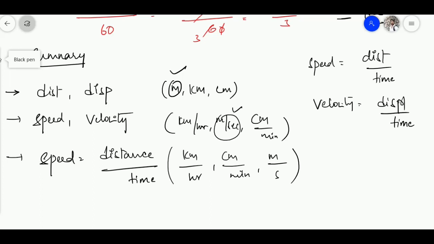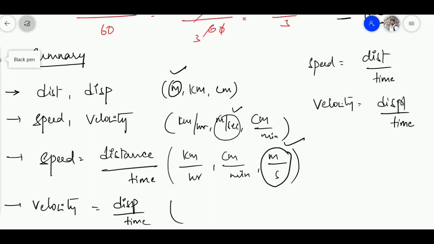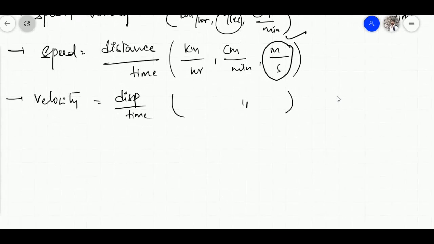So you can get the units from the formula, no need to remember. And from this, meter per second is the standard. Coming to velocity, it is displacement by time and the units are the same. Here also meter per second is crucial. That's the standard SI unit.